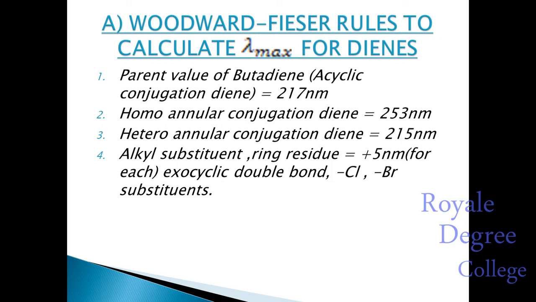Homoannular conjugated diene, the value will be 253 nanometer. Heteroannular conjugated diene, hetero means different rings are present in the diene, then the value we take is 215 nanometer. If an alkyl substituent or ring residue is there, or an exocyclic double bond, or chloro, bromo substituents, for each the value we use is plus 5 nanometer.